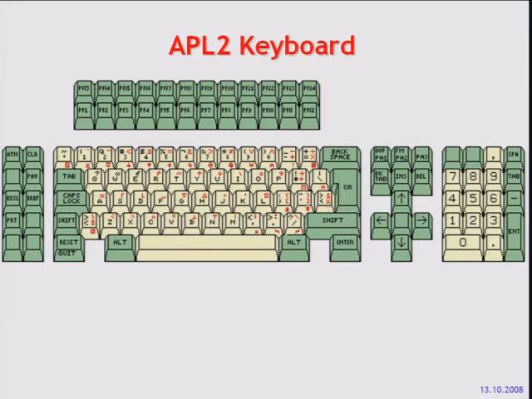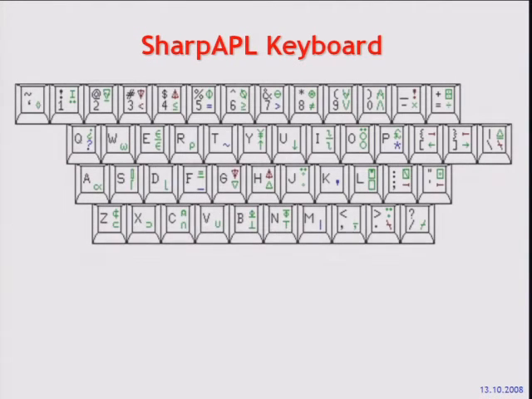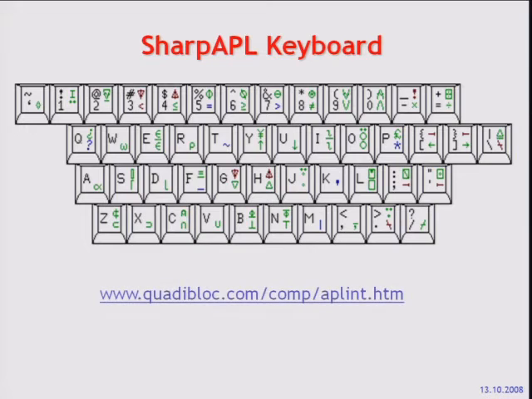A short glimpse into the history. This is the keyboard with which I started my APL life. IBM's APL2 keyboard. A physical keyboard, with 2 states, text and APL. I still remember all the positions of the APL glyphs on that keyboard. There are people who started with SharpAPL, almost the same idea, same design, with slightly different glyphs.